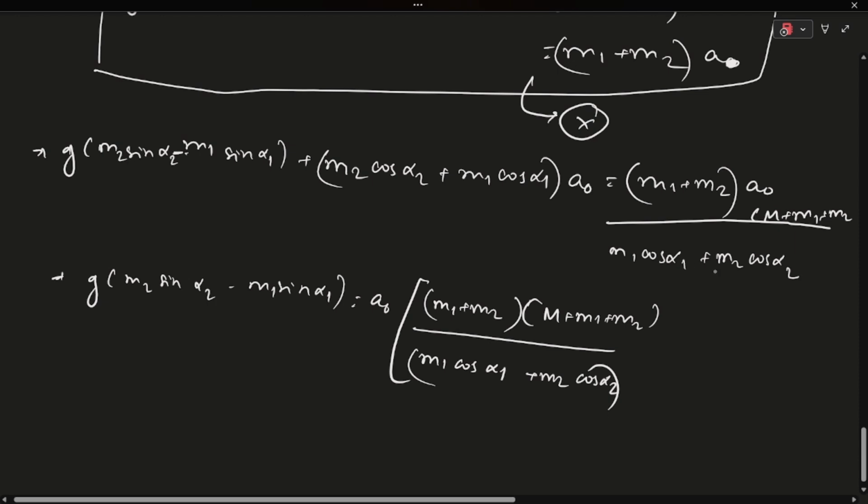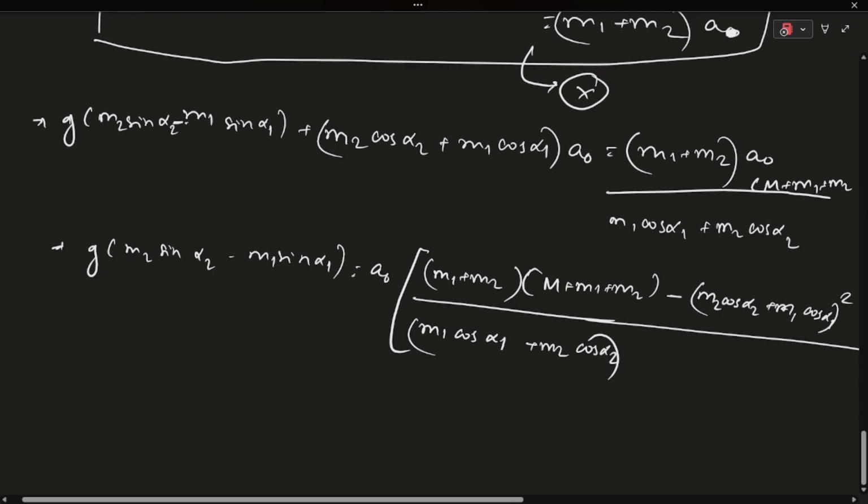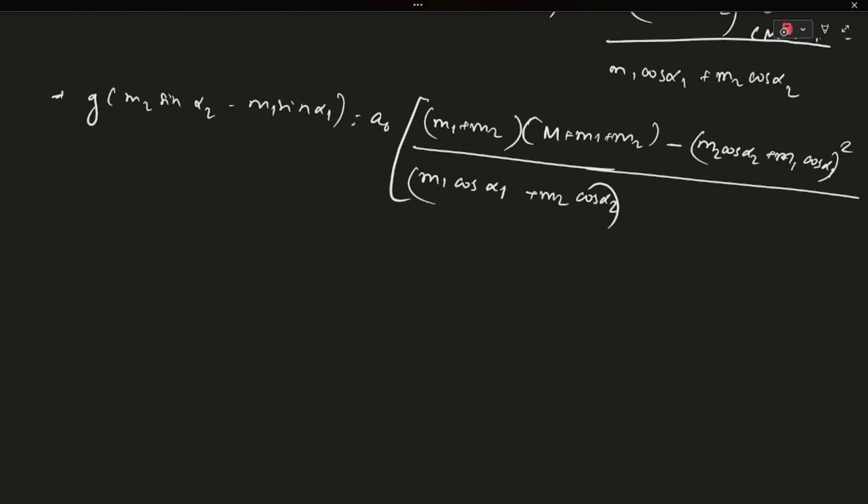This term is the denominator. So if I move it to the numerator, it will be a square term: m2 cos alpha 2 plus m1 cos alpha 1 whole square. Solve for a naught.